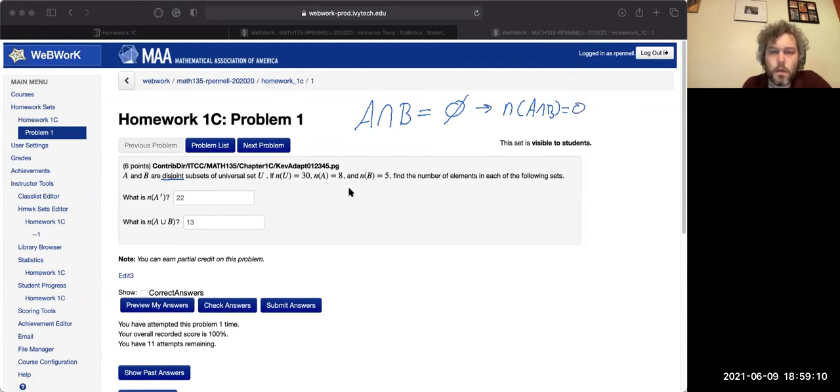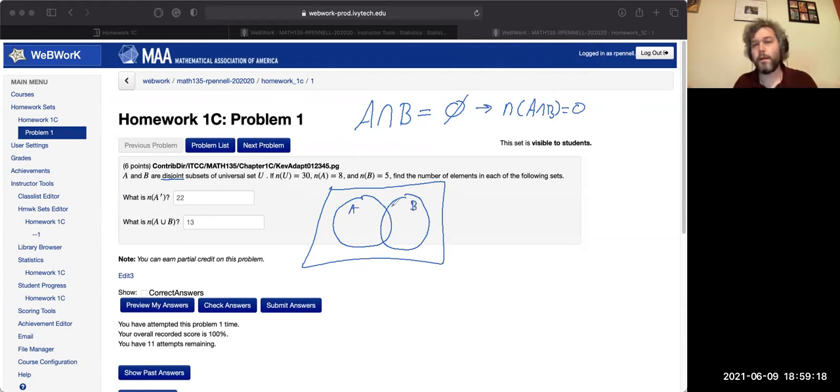I don't know if it would make you any friends at a party if you said out loud, well, if you have two disjoint sets, it means their intersection would equal 0, but it's true. So if A equals 8, B equals 5, and their intersection equals 0 because they're disjoint, I can fill in 0.